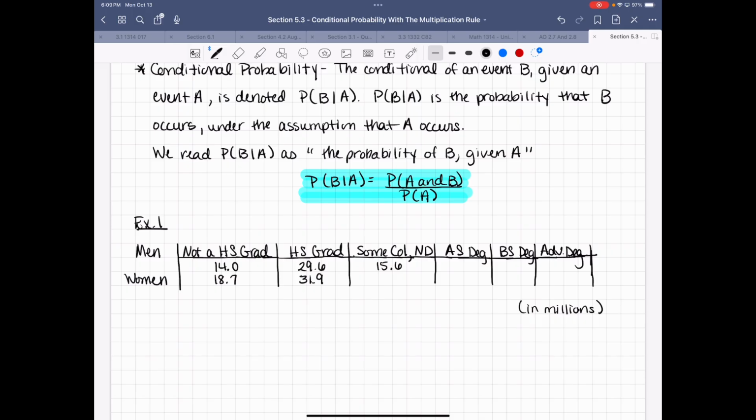They just went for a bit and didn't finish. Women is 17.5. An associate's degree is 7.2 men. Associate's degree for women is 9.6. The bachelor's degree for men is 17.5. Women is 19.2. And the advanced degree, men is 10.1. And women is 9.1.